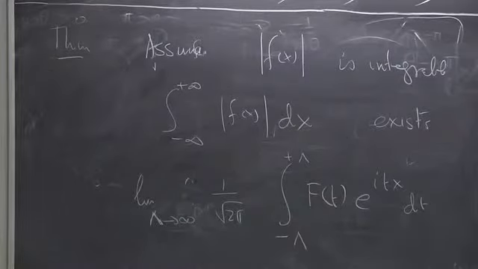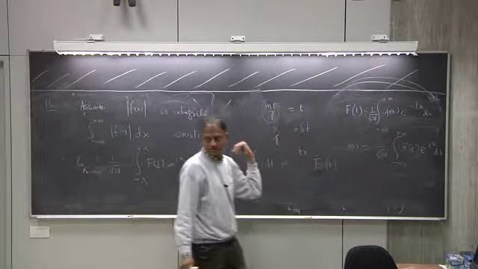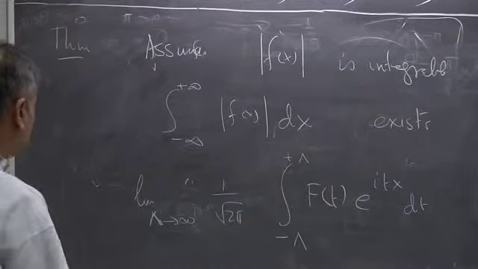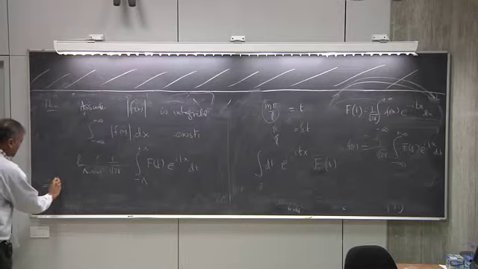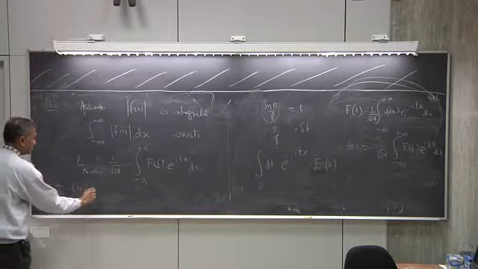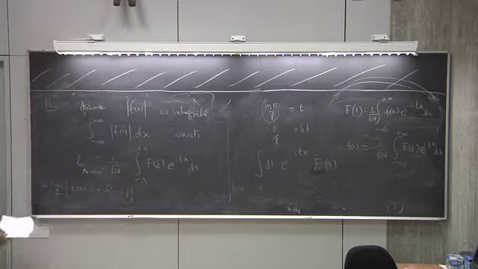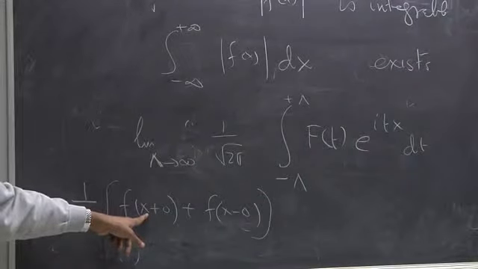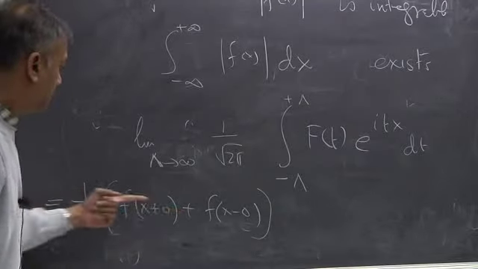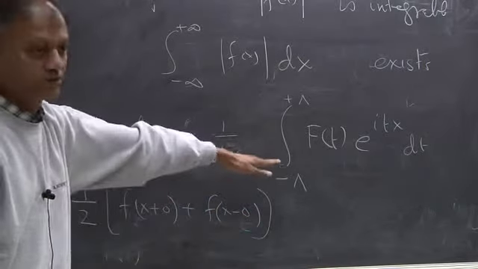That is the same as the integral from minus infinity to plus infinity. So first you do a finite integral, and then you take the limit as lambda goes to infinity. Then that is equal to the average, half of f of x plus 0 plus f of x minus 0. So you see, even if f has some discontinuity, the left limit plus the right limit, the average of that, is what this reproduces.